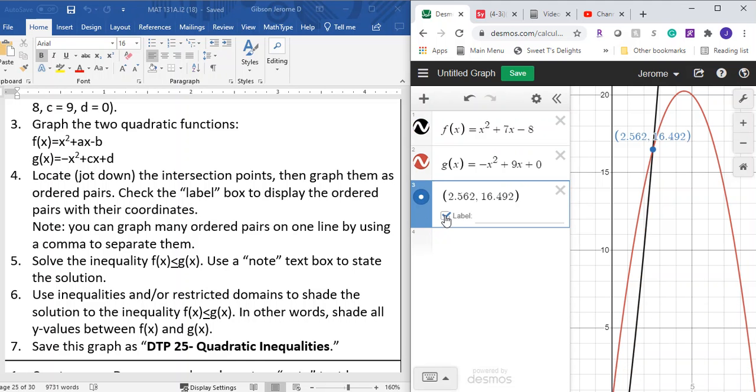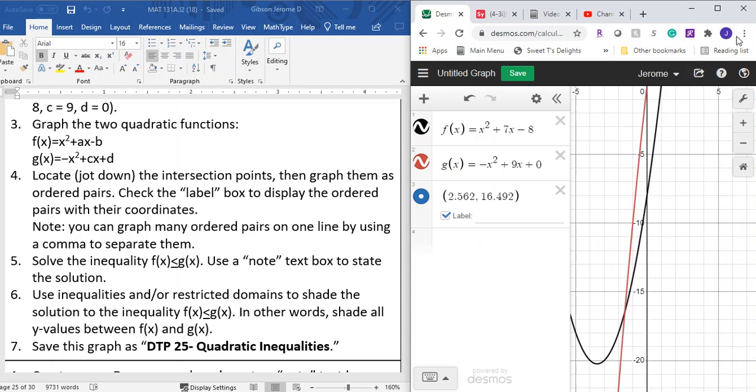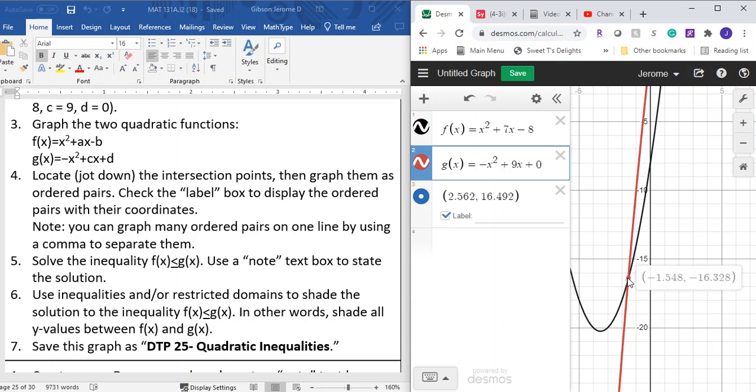Now we click on a label. Now we do have the label here of that point, but we should put intersection point as well. Well, actually, that'll take away the ordered pair. So we could just leave the label for the ordered pair. All right. So now we go down here to the second ordered pair.